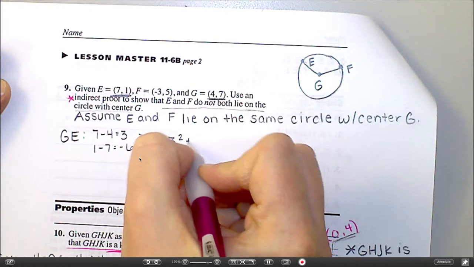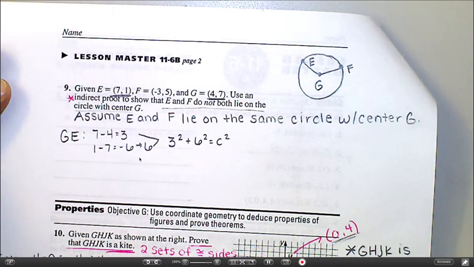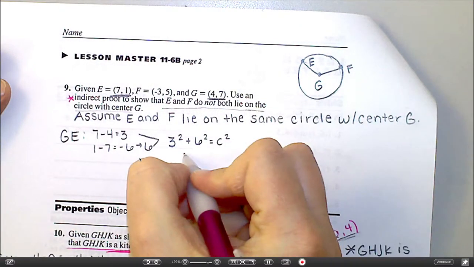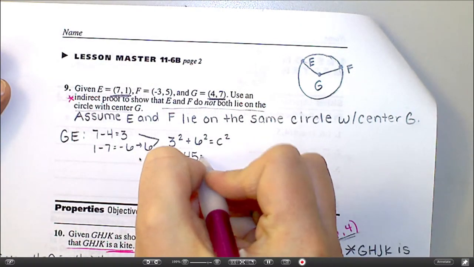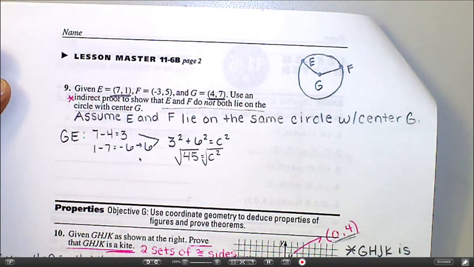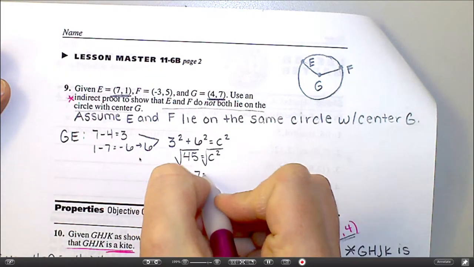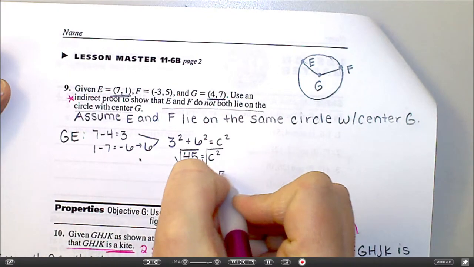So 3 squared plus 6 squared equals c squared. That's going to be 45 equals c squared. Take a square root. I get like 6.7. So the length from G to E is 6.7.